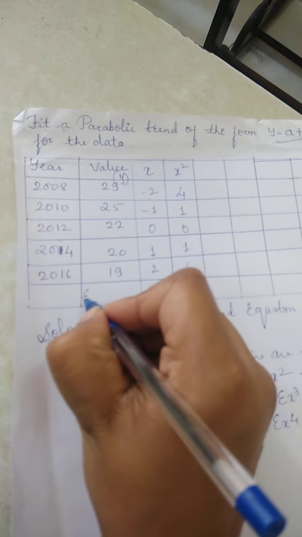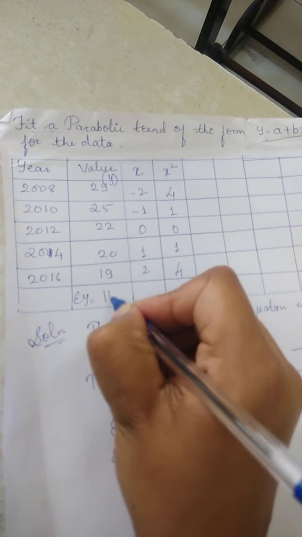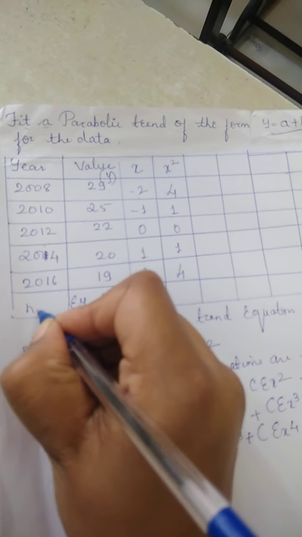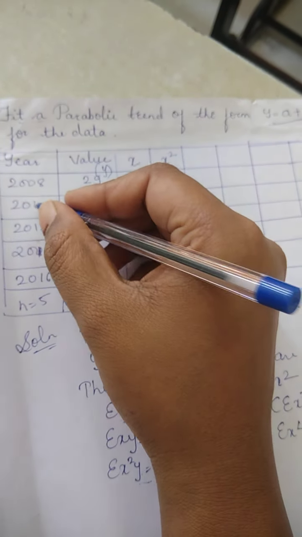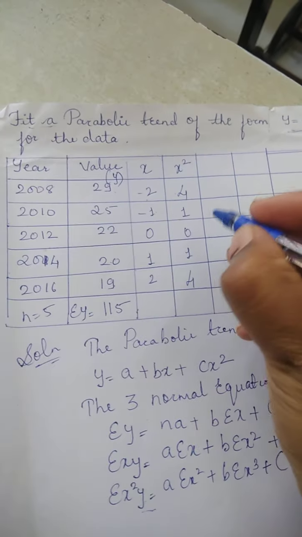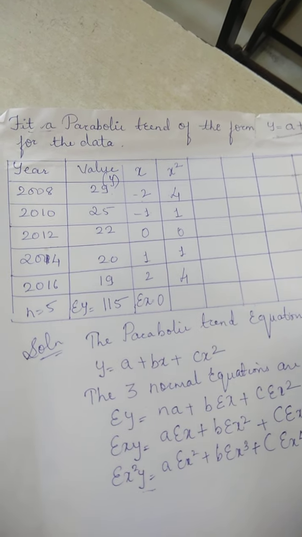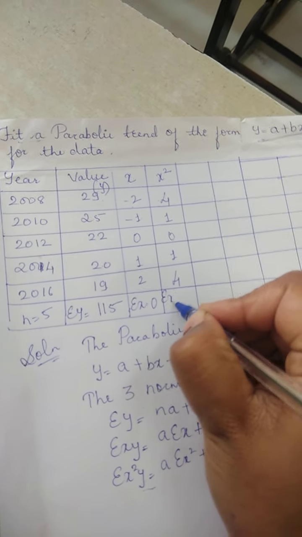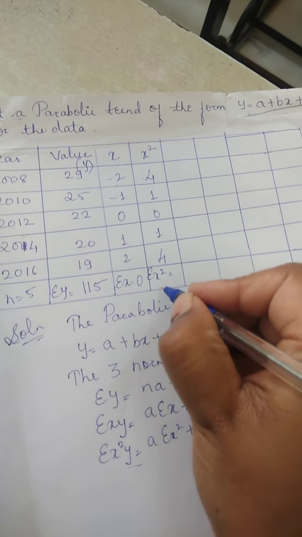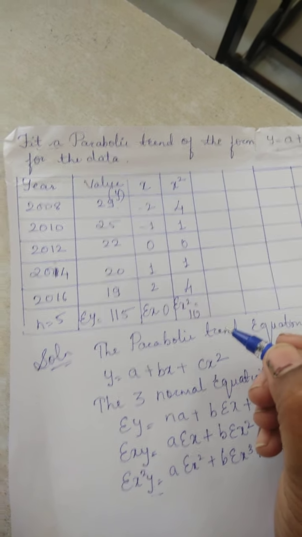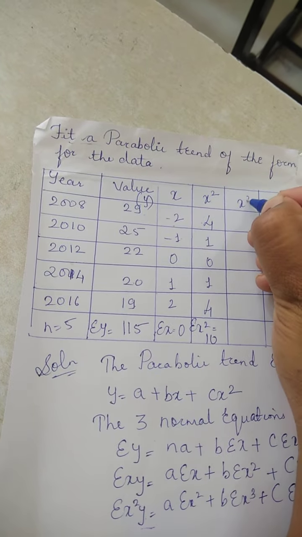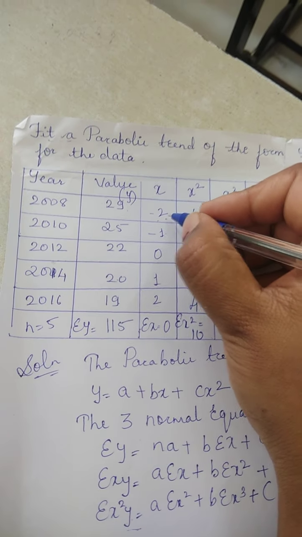So total summation y is equal to 115. And n is how much? 5 years, 1, 2, 3, 4, 5. Then summation x, as I had told you, is always 0. Then summation x square is 10. Next column we need x cube. 2 to the 4, 4 to the 8.